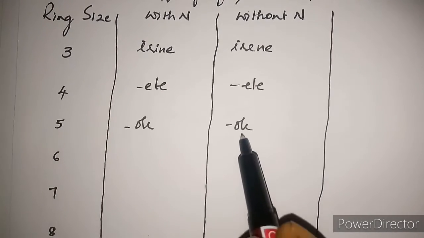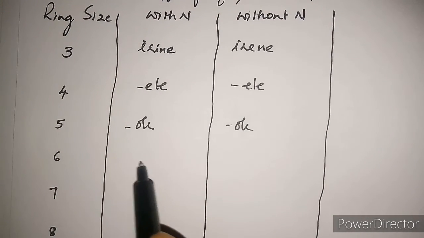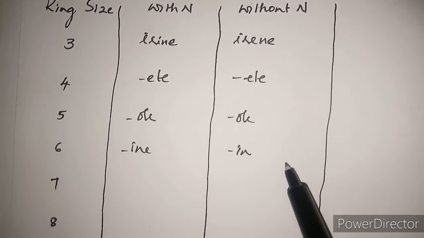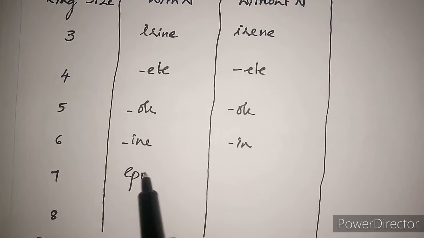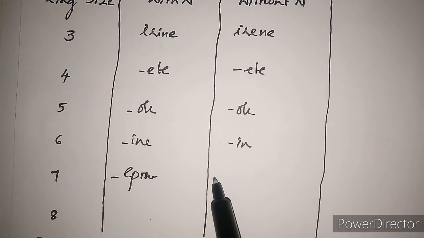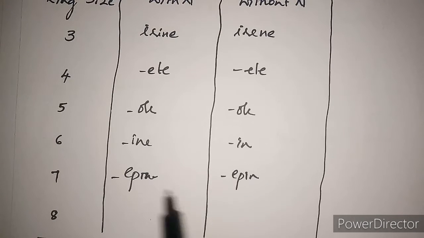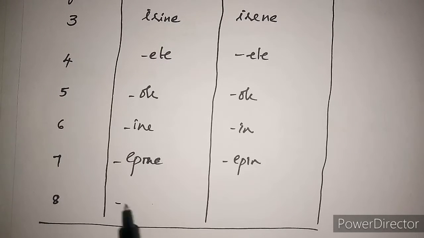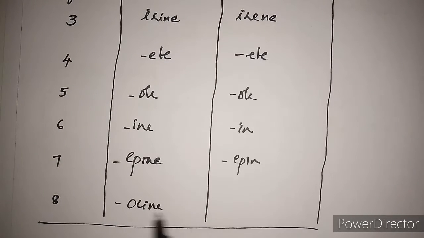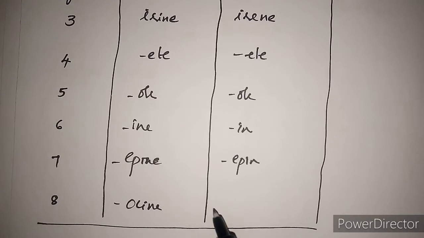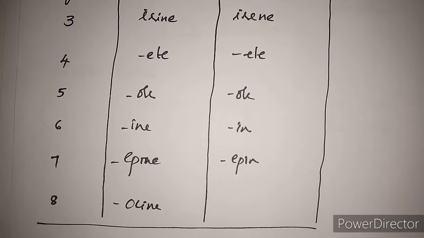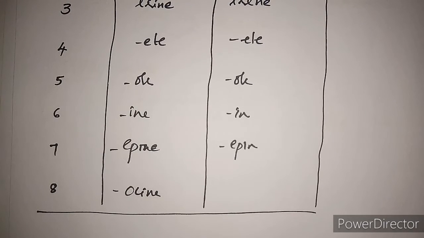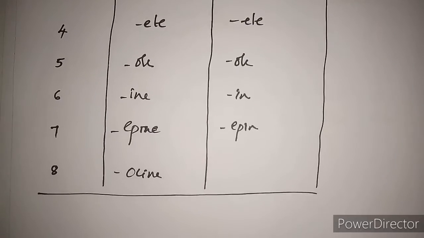For a 6-membered system, we have ine with nitrogen, and here just in without the e. For a 7-membered, epine, and without nitrogen, epin. For an 8-membered system, azocine or ocine, you can take either pronunciation. So this is with nitrogen and without nitrogen, for a fully unsaturated system.